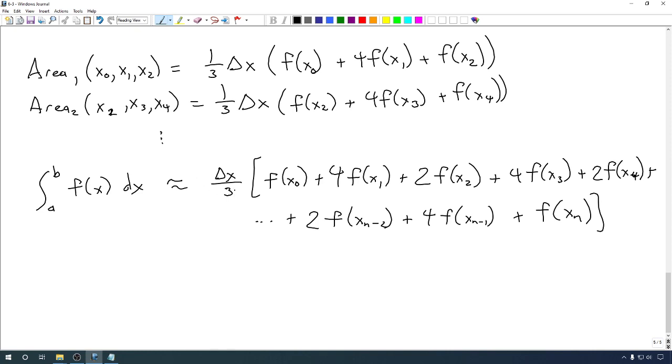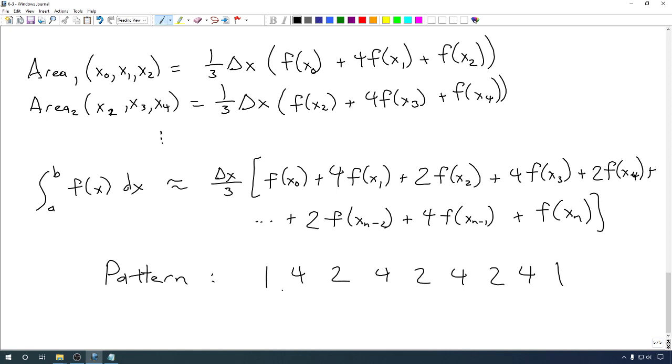The two things to note here are, first of all, instead of dividing by 2, we divide by 3 out in front. And instead of having a pattern of 1, 2, 2, 2, 2, 2 until we get to 1, we have 1, 4, 2, 4, 2, 4, 2, 4, 2, 4, 2. So let's even go ahead and just write that out. I'll just abbreviate it like that.